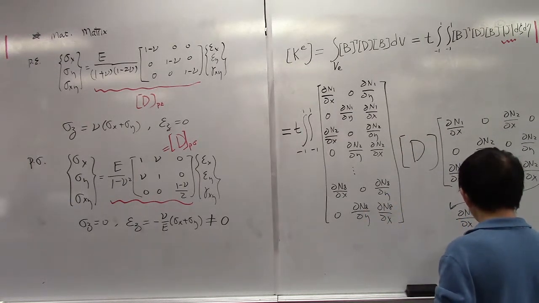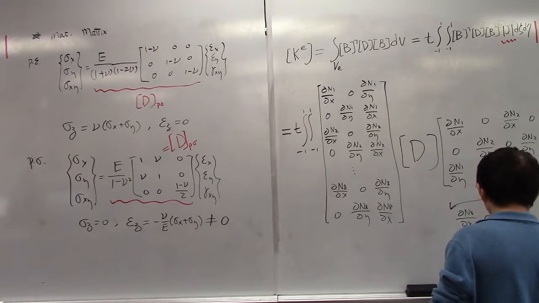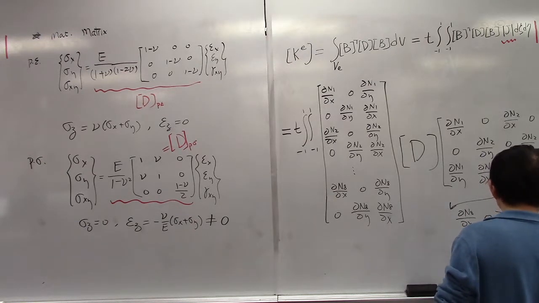And then partial N8, partial Y, partial N8, partial X. Jacobian d theta d eta.